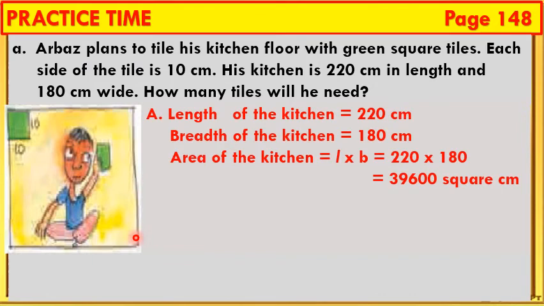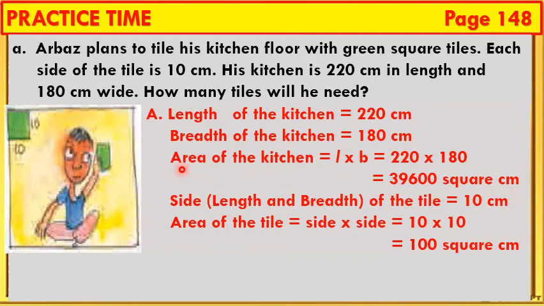Length of the kitchen is 220 centimeters. Breadth or width of the kitchen is 180 centimeters. Area of the kitchen floor is length multiplied by breadth. That is 220 multiplied by 180 gives 39,600 square centimeters.